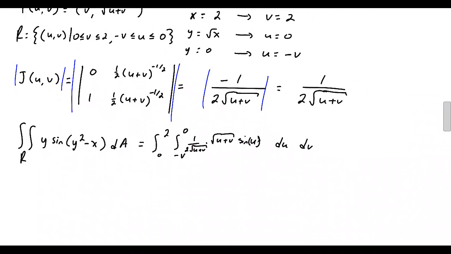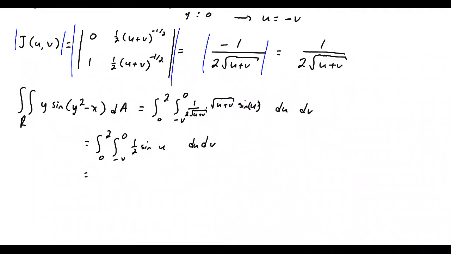All right, now let's actually find the antiderivative here, because this simplifies nicely. This becomes the integral from 0 to 2 with respect to v of the integral from negative v to 0 with respect to u of 1/2 times sine u.